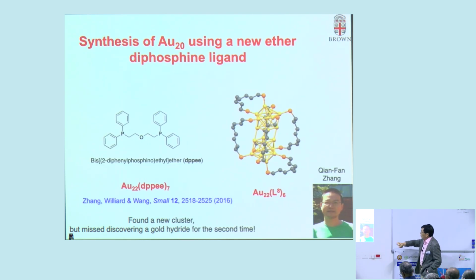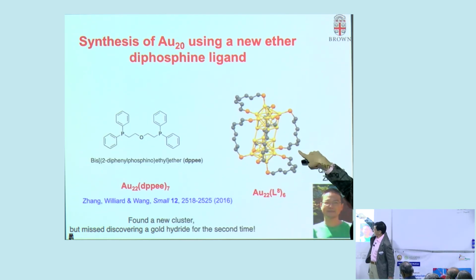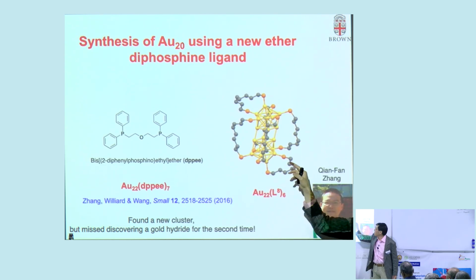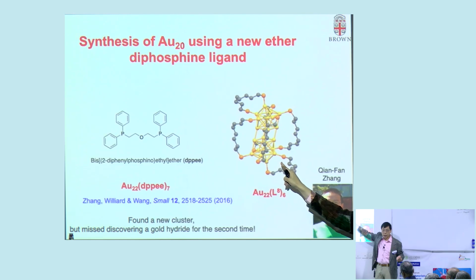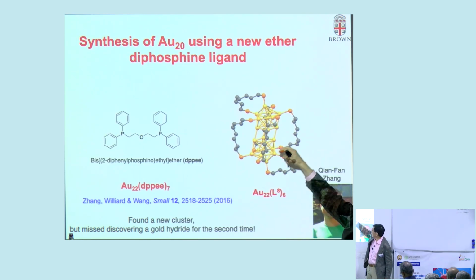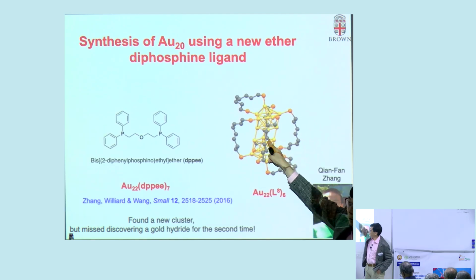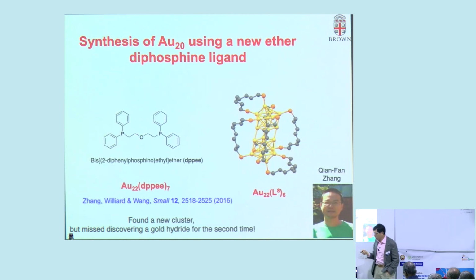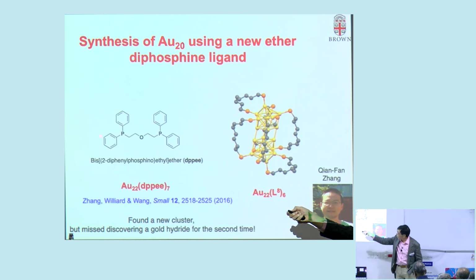So we go back to when we actually made this cluster, right? You see this linker, this is just a CH2 group. We saw that if we want to access these gold atoms, to do hydrogenation, we need a proton. Then we saw that if we can change this to a polar group, this may help the catalysis access this site. So this is my previous student, Chen Fan. Then we tried this linker, right?